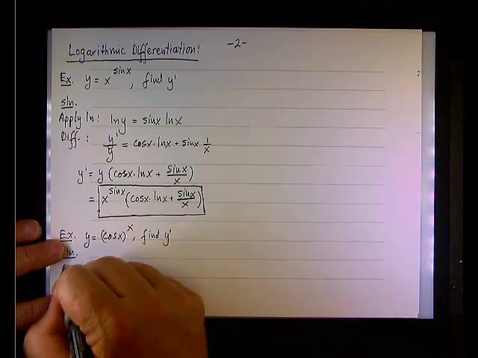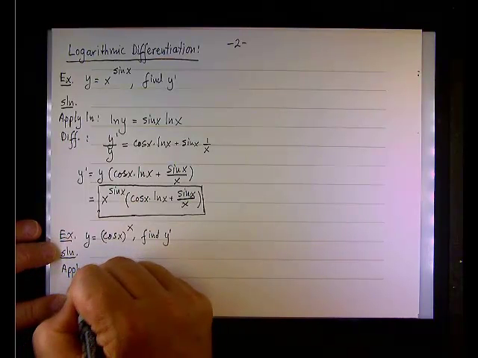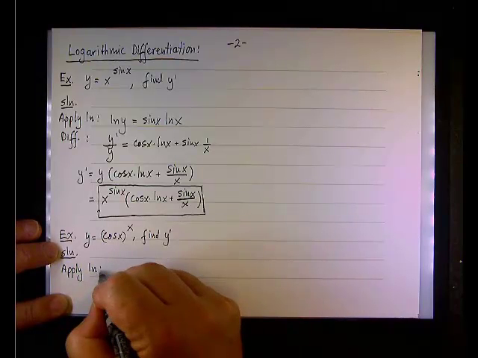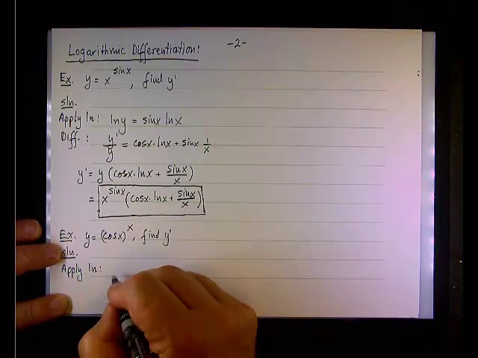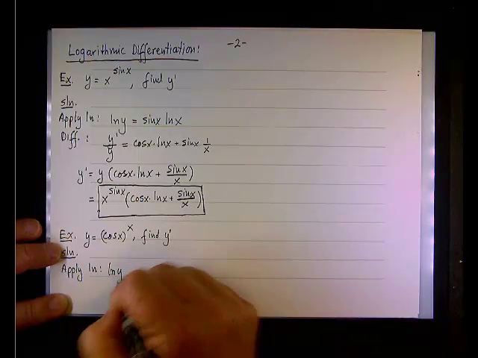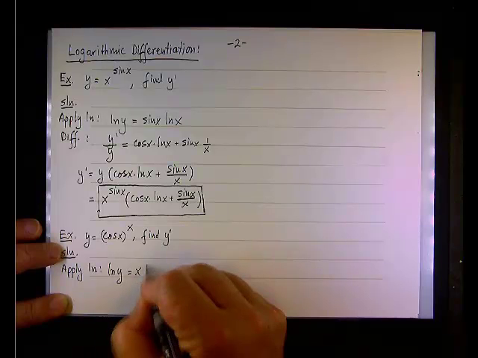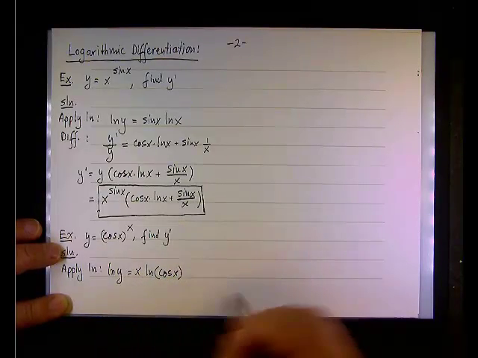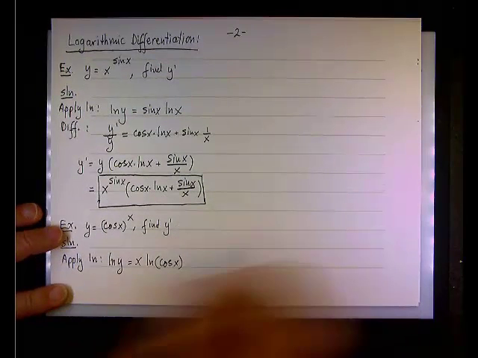And as before, we're going to start with applying the natural log. After all, this section is about logarithmic differentiation. And we end up having the natural log of y equals x times the natural log of cosine x. Like so.